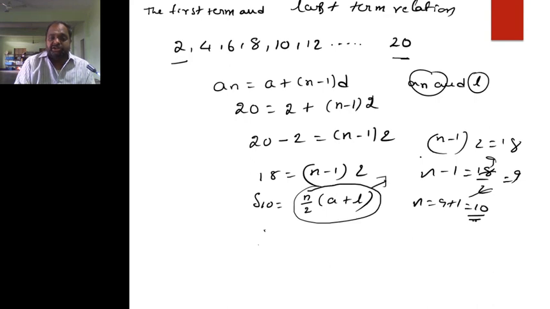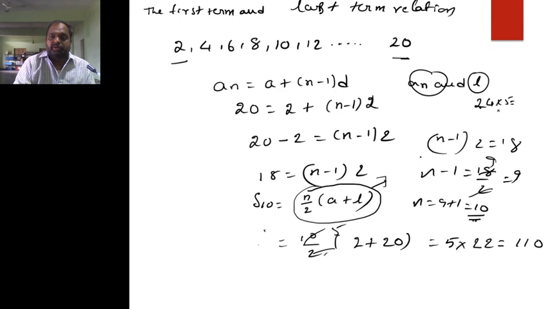So S10 is equal to 10 by 2 into a plus l, 2 plus last term 20, that is equal to 5 into 22, it is equal to 110. In the previous class I explained how we can multiply with 5. 24 into 5, 120. You divide by 2, keep 0. Similarly, 5 into 22 will become 110.